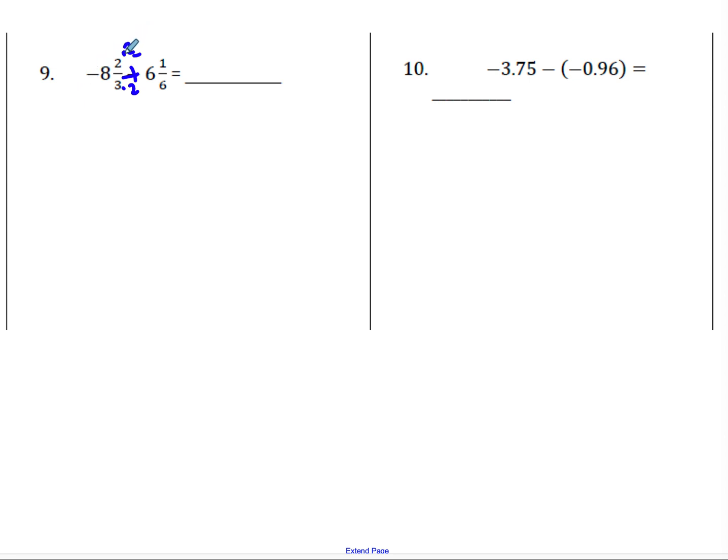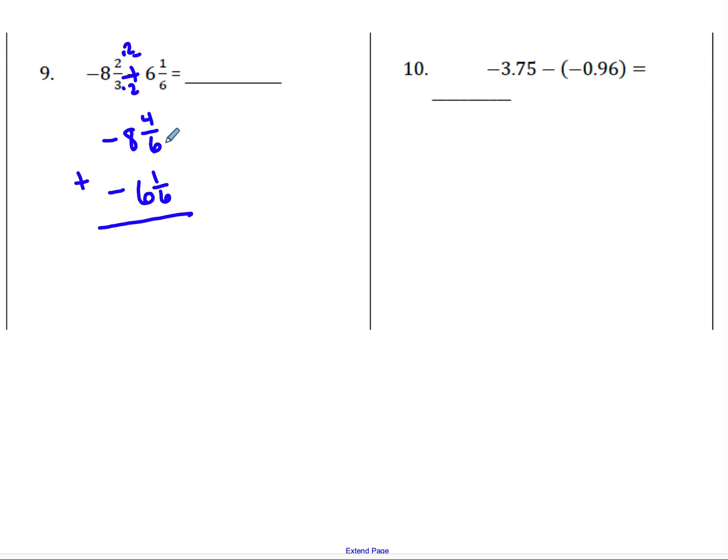I do need a common denominator. I'm going to multiply by 2. Negative 8. 2 times 2 is 4. 3 times 2 is 6. Okay, and then this is plus negative 6 and 1/6. Okay, so same sign, find the sum.